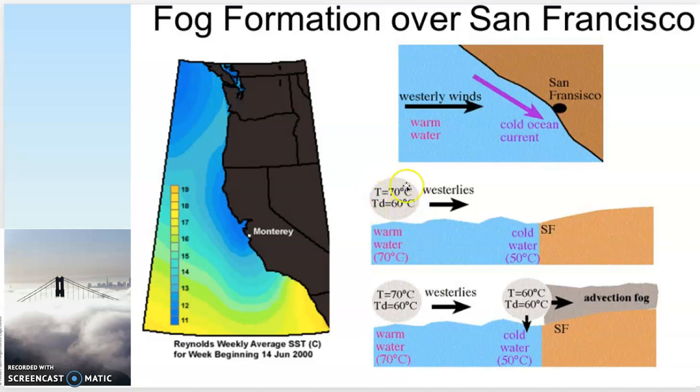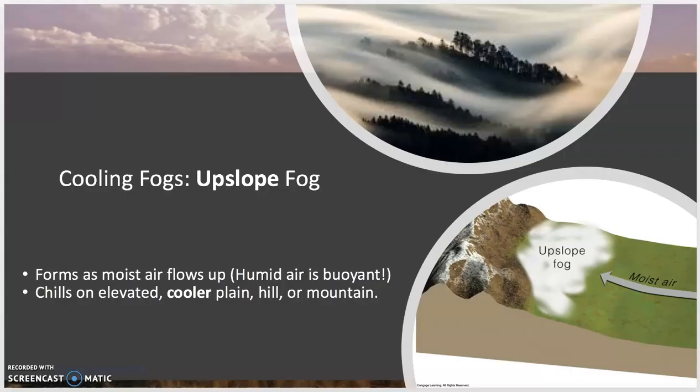When this parcel of air that has vaporized off the warm water that's out in this area is driven in by westerly winds, it reaches the cold water and the temperature of the air cools and meets the dew point and is driven in by the westerly winds as an advection fog. They can be very deep fogs.